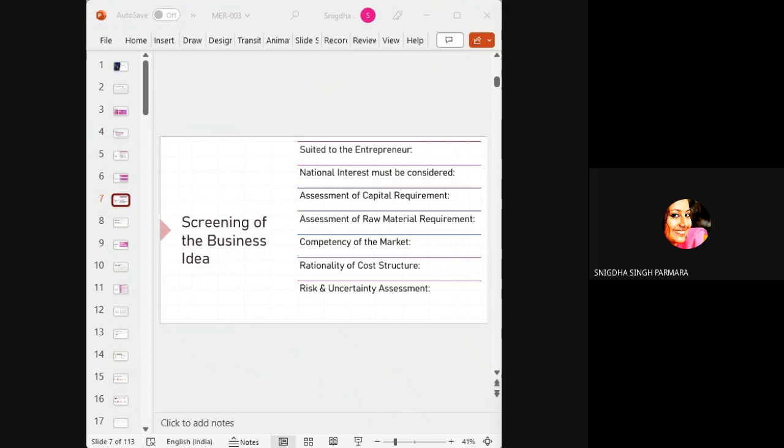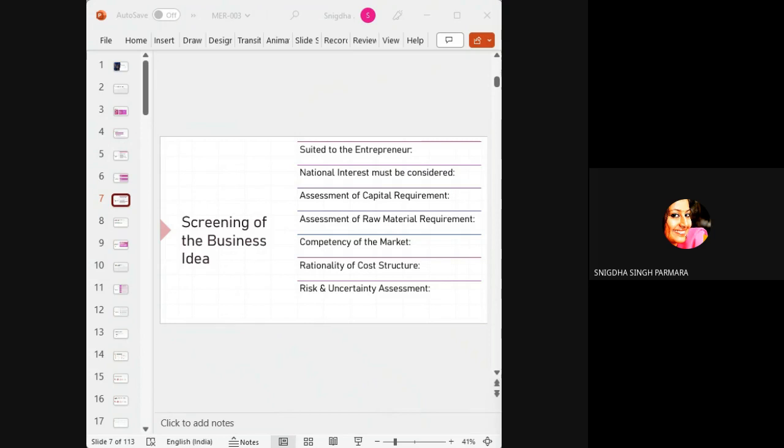Under such circumstances, those ideas are screened out, chucked out, so as to come out with a final pool of ideas that could be considered by the entrepreneurs.